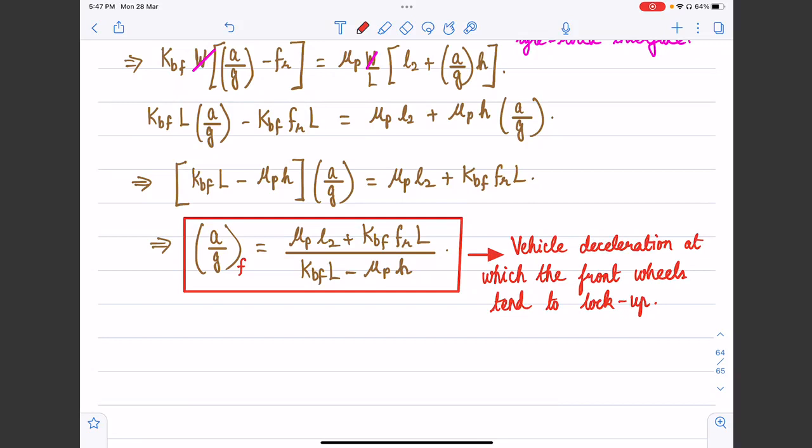Now, due to some reason, the center of gravity has shifted, and A by G subscript F has become 0.5. What does it mean in the new scheme of things? For the same brake force distribution, now at 0.5 G itself the front wheels will tend to lock up, which is not desirable. So the question becomes how we take that into account.